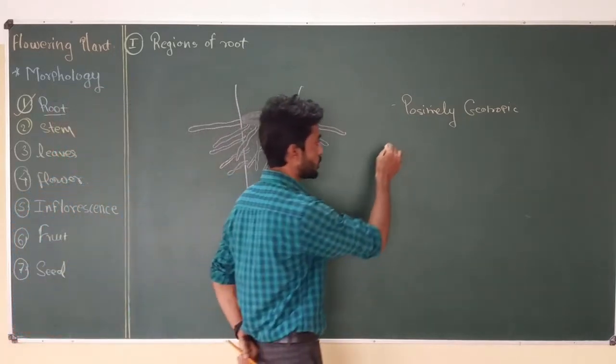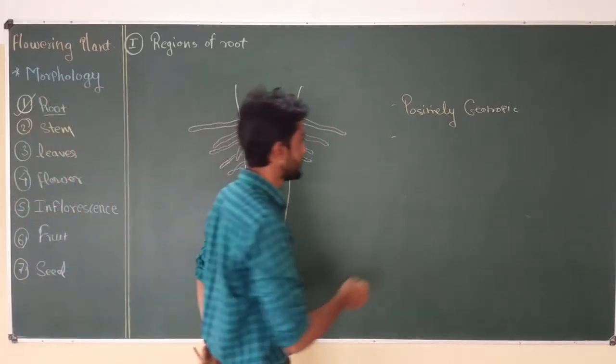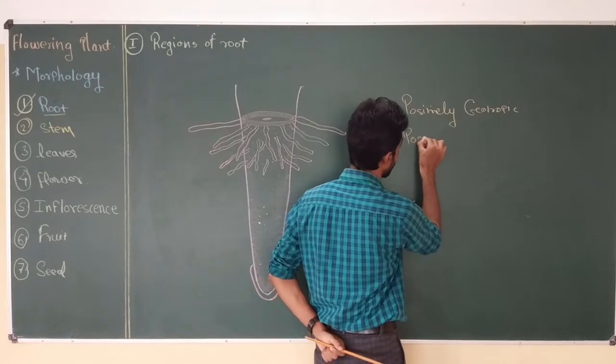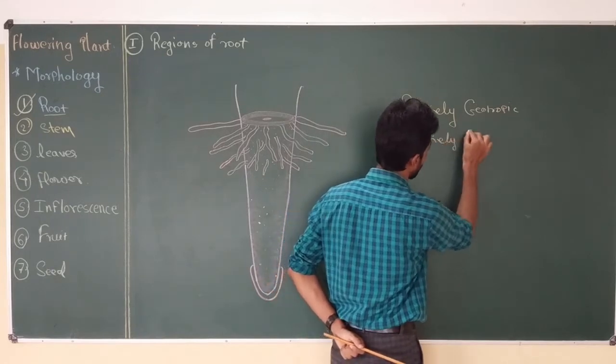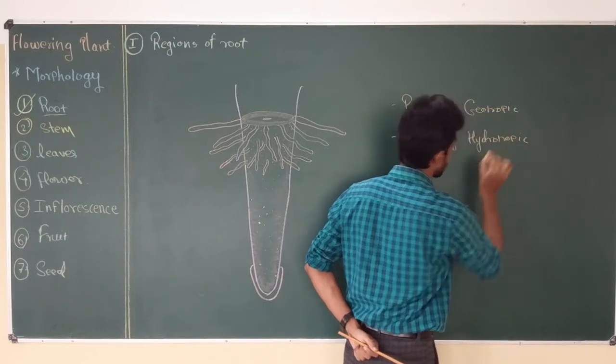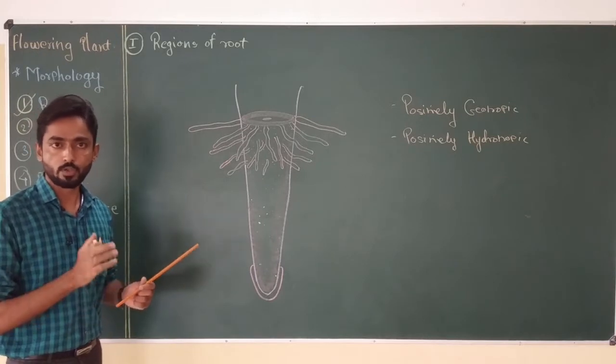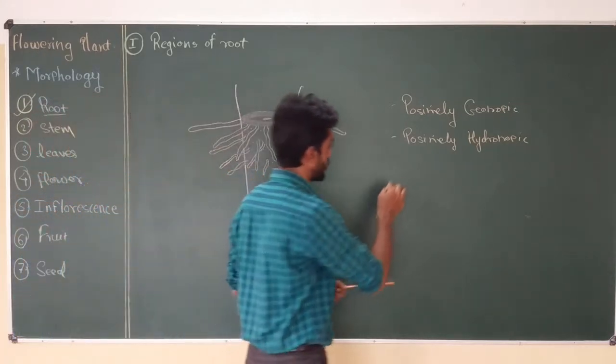Then as root grows towards the water which is present in the soil, we can also say that root is positively hydrotropic. Root always grows away from the sunlight, so it is negatively phototropic.